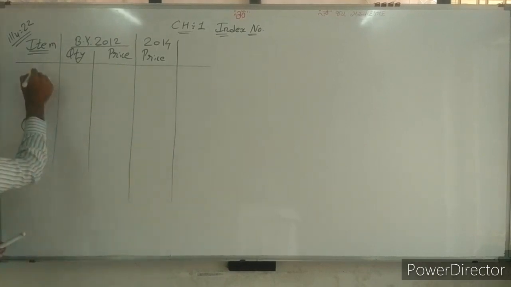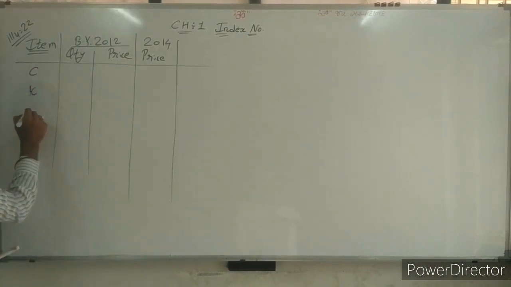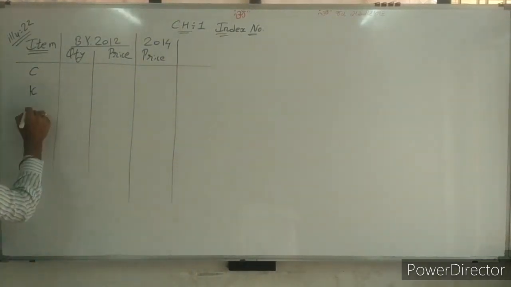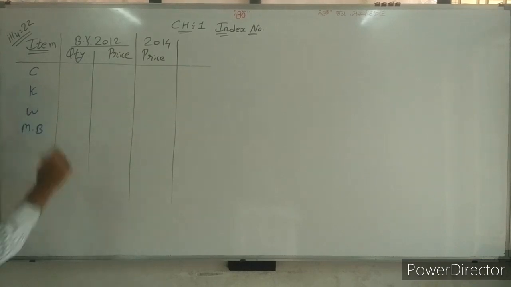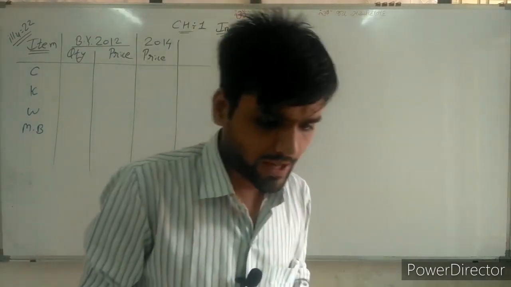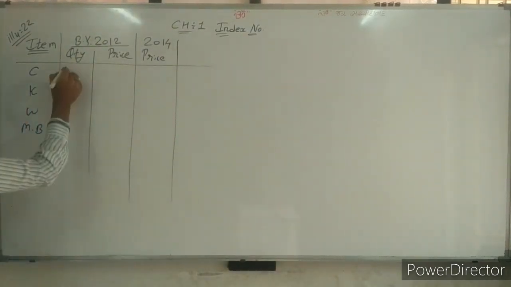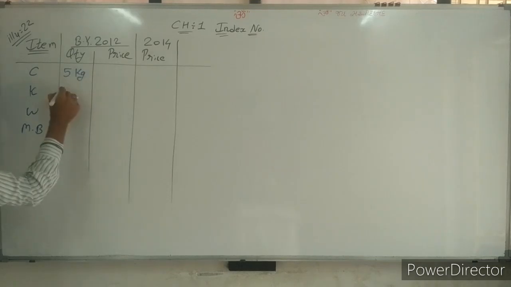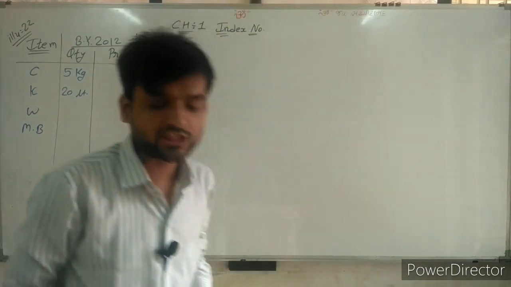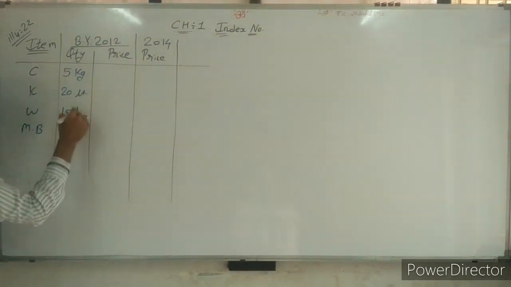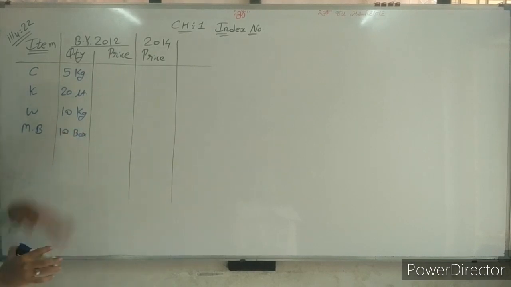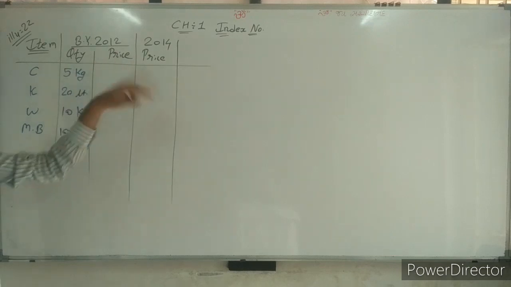Against them, values are given: 5 kg, 20 liter, 5 kg, 10 boxes. In this way, quantity is available, price is available.